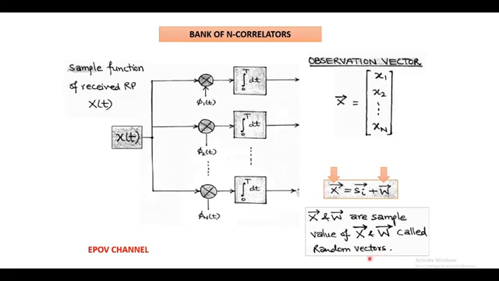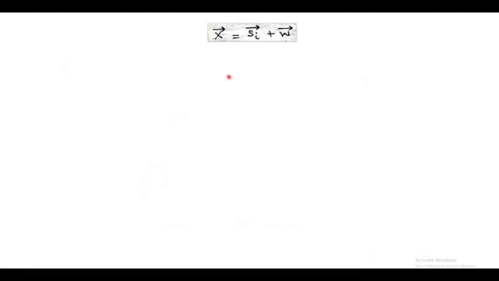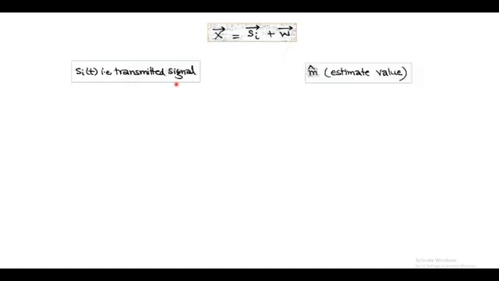Now, using the observation vector sequence in the form of vector x equals si vector plus w vector, we can determine the transmitted signal si(t) corresponding to si vector. Then we can also estimate the value of message signal m cap, based upon the decision rule.